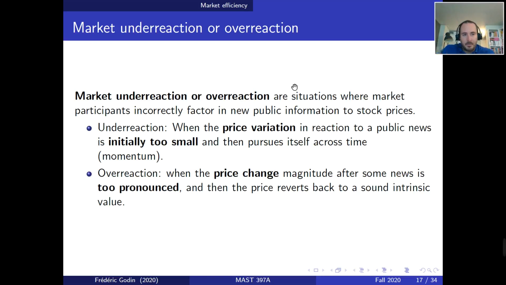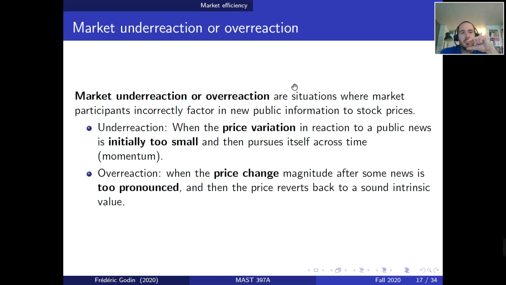So what's underreaction? It's when investors don't react enough to the public news going out, so the price variation observed in the market is too small with respect to what it should be if it was priced rationally.